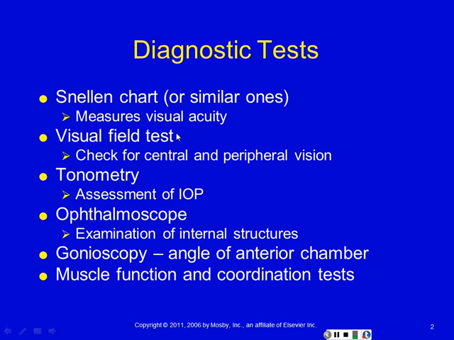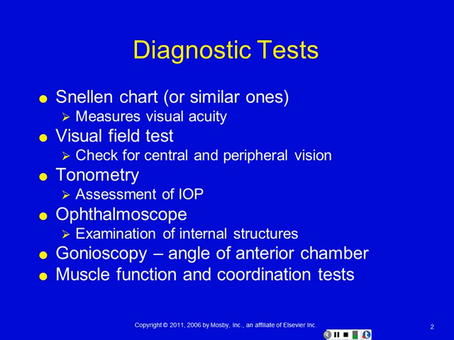A visual field test, typically this is either a machine or a maneuver where you have the patient look forward and then you bring something into their periphery and ask them to make a sound or point or something when they first see it. Normal peripheral vision is right about 170 degrees. So, we can see off to the sides pretty well.